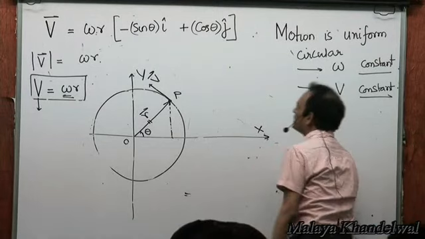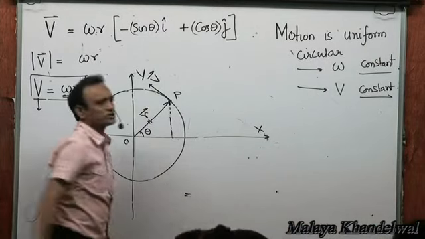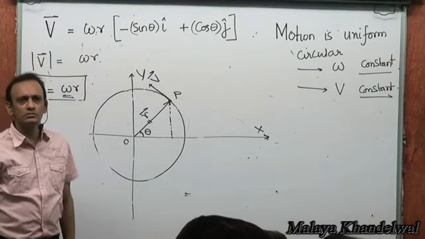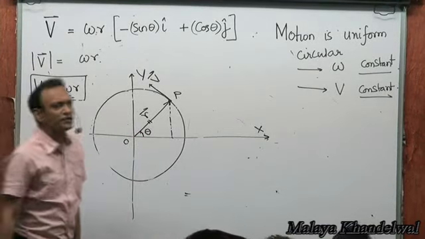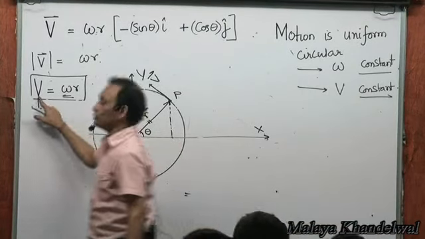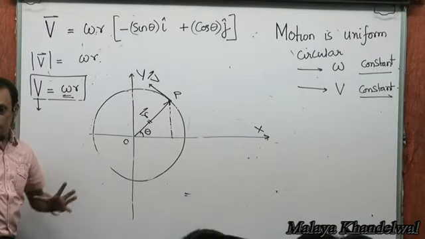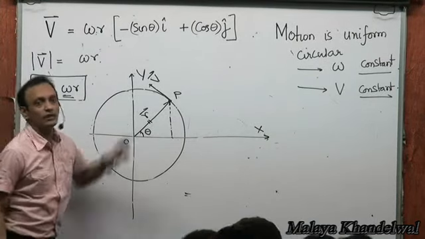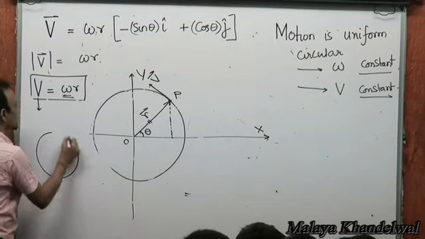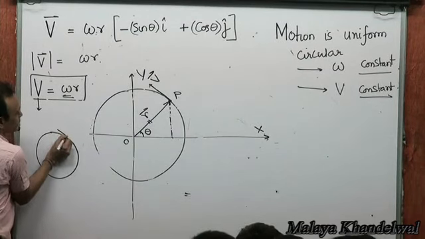Now, even though the magnitude of the linear speed will remain constant, can the linear velocity remain constant? Can the linear velocity in circular motion ever remain constant? This is linear speed, magnitude of the linear velocity, that's remaining constant. But can the vector v remain constant in circular motion? No. Why? Because its direction is constantly changing. When the particle is here, its direction is here.